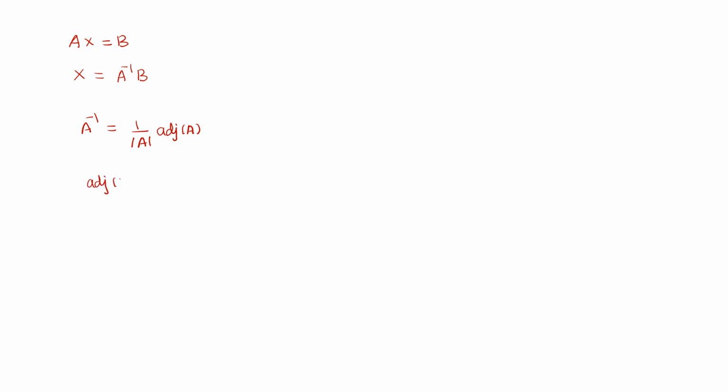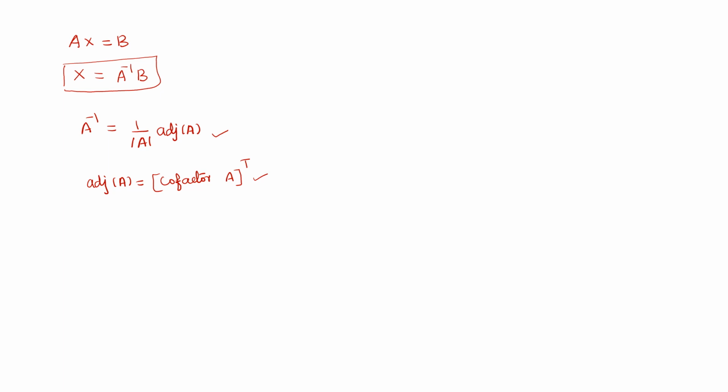Adjoint of A equals the cofactor of A, the whole transpose. So if you want to find a solution of any linear equation, you must find the adjoint of A. From adjoint of A, you can find A inverse. From A inverse, you can easily simplify the solution of x.